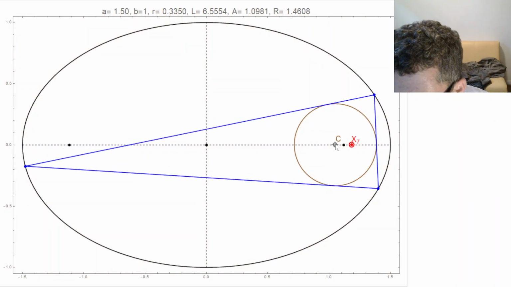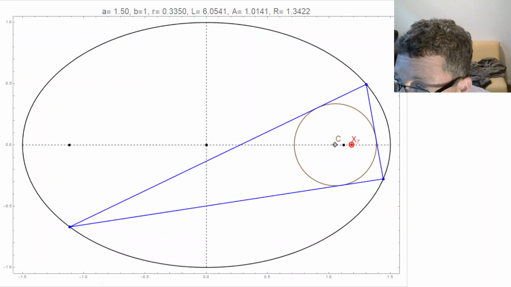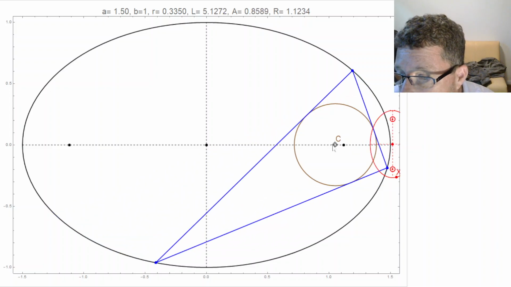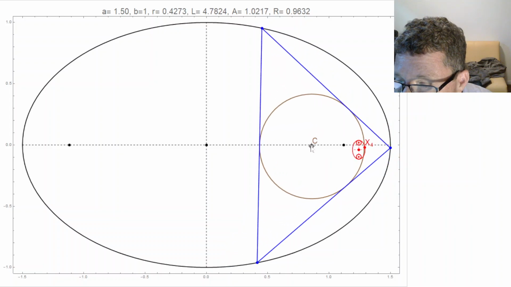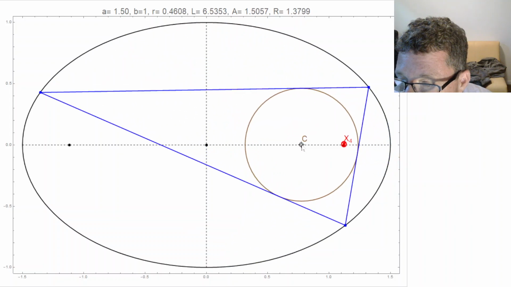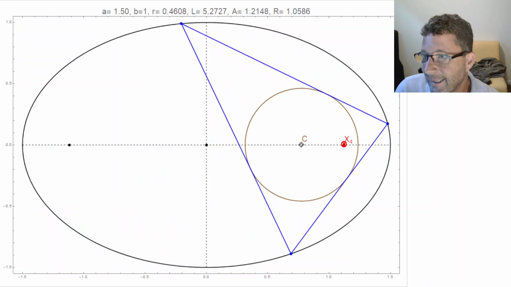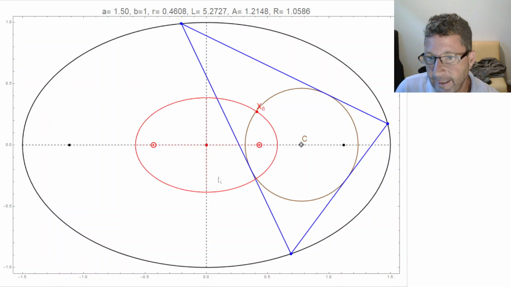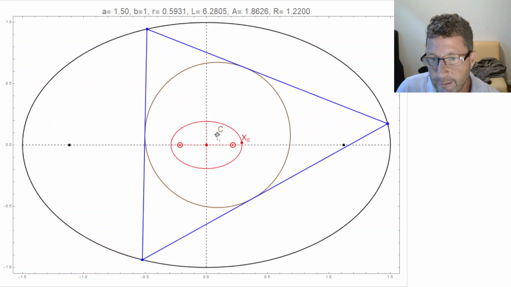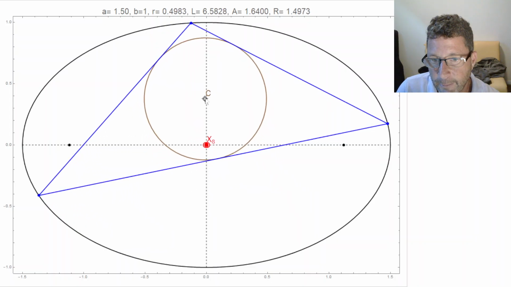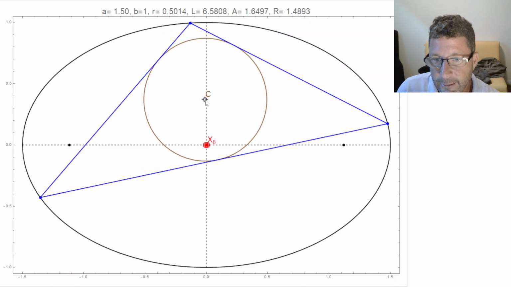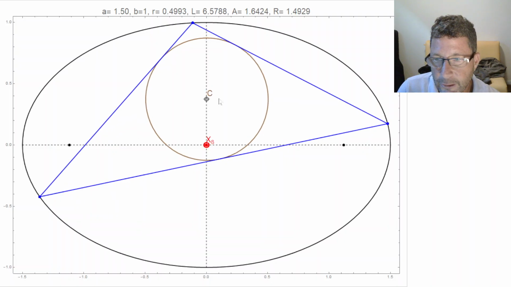Now, interestingly, this is not the same point on the major axis that annihilated x4. So to annihilate x4, I have to go back a little bit, and then I can annihilate it. Now, so I think that's all I have, right? I've already covered x8. x8 can only get annihilated if C is on the y-axis, on the minor axis, and it's annihilated in the same location for which x2 is annihilated.